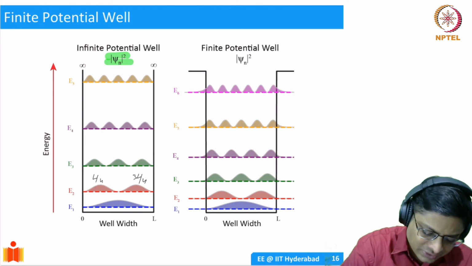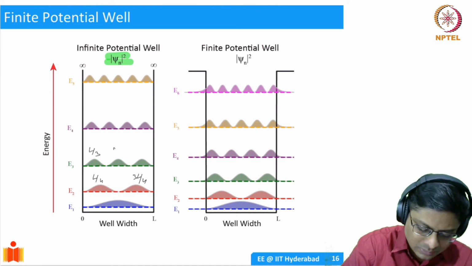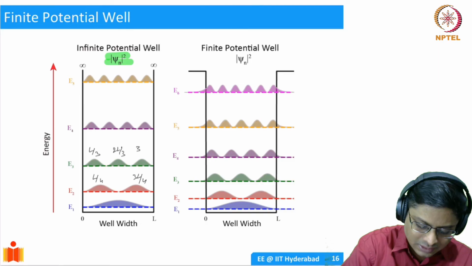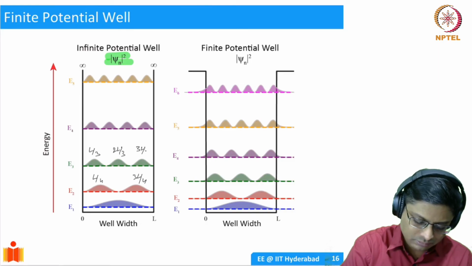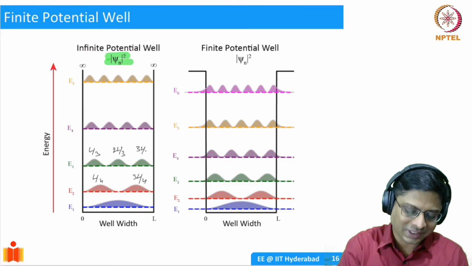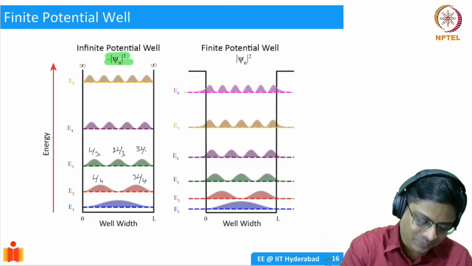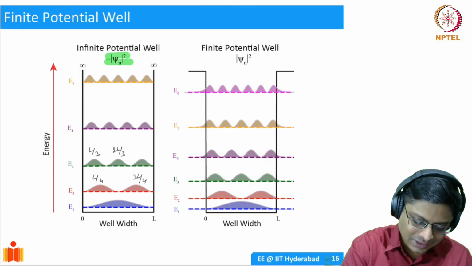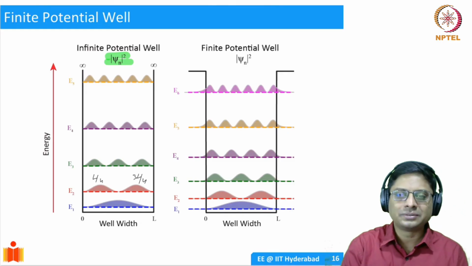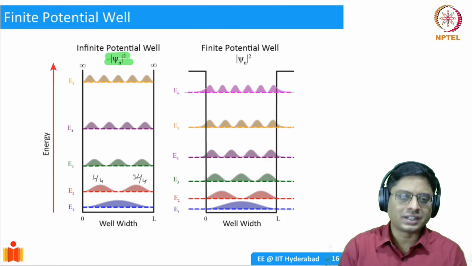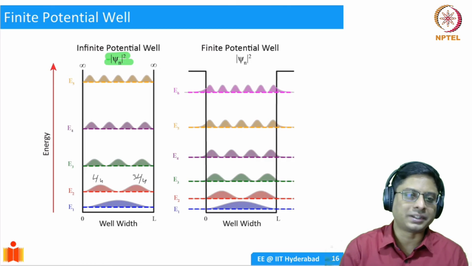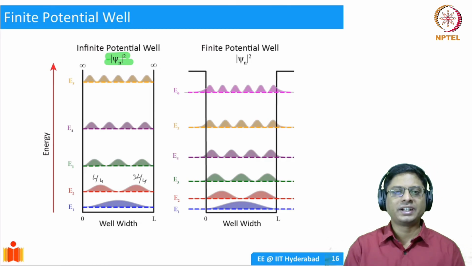And if it's at 3 locations, L by 3, 2L by 3, and so on, there's a slight displacement, but the point is that if you have 3 peaks, it should be the third state, and 4 peaks, the fourth state, and so on. So this is the probability of finding an electron.